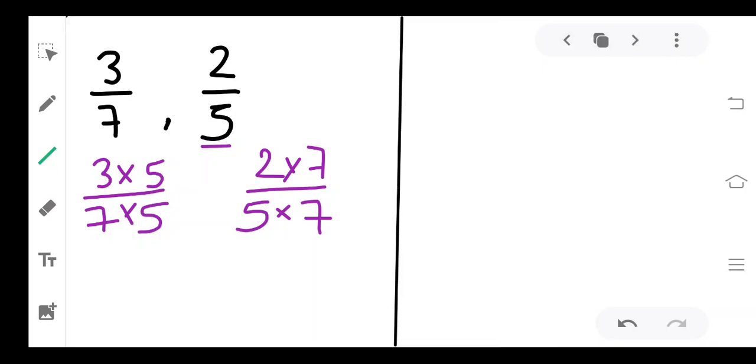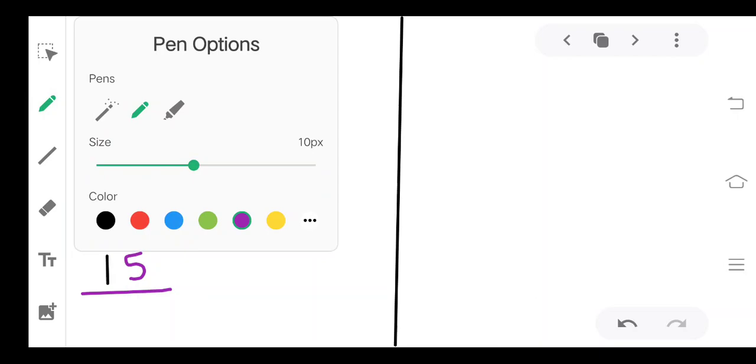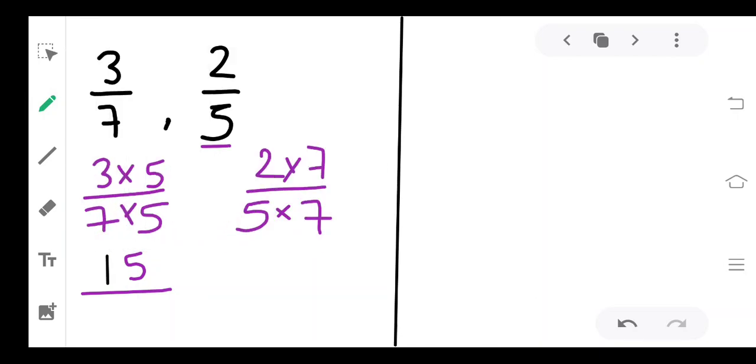So 5 3s are 15, and 7 5s are 35. Again 7 2s are 14 and 5 7s are 35.